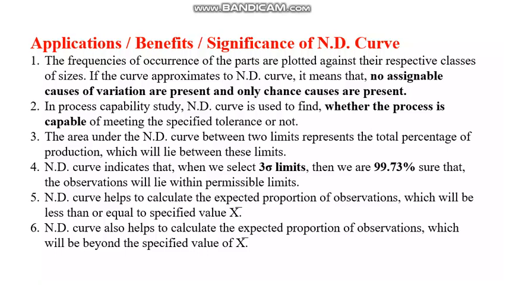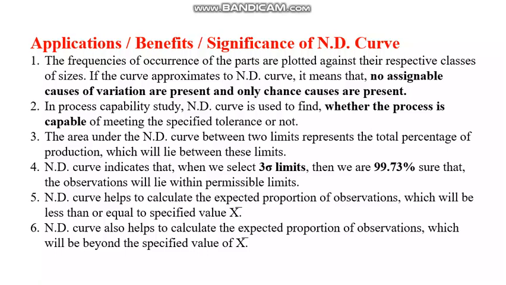Second, in process capability study, the normal distribution curve is used to find whether the process is capable of meeting the specified tolerance or not. When a designer gives the design specification, suppose a shaft is to be manufactured with a dimension of 50 plus or minus 0.02 mm.